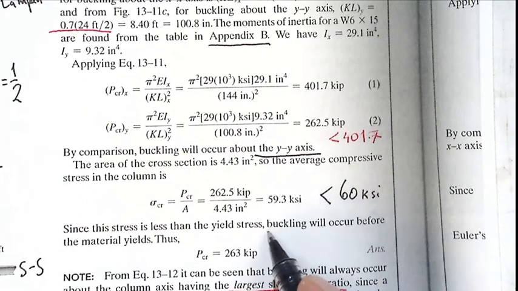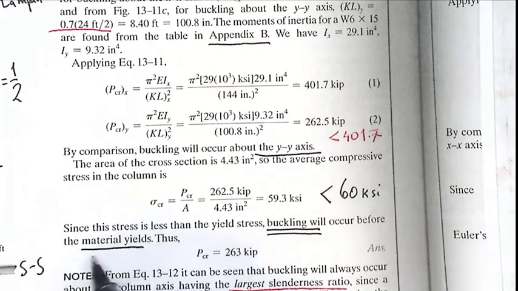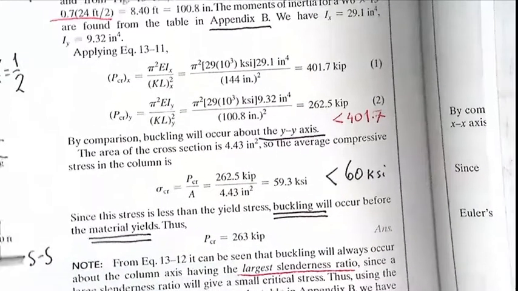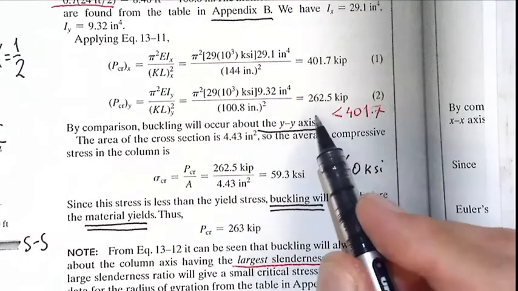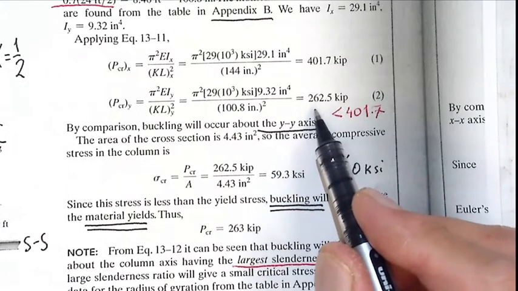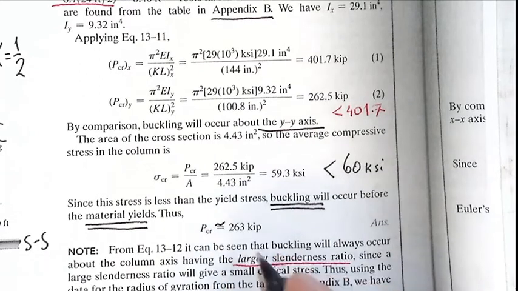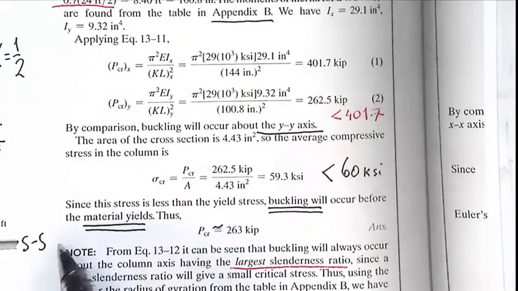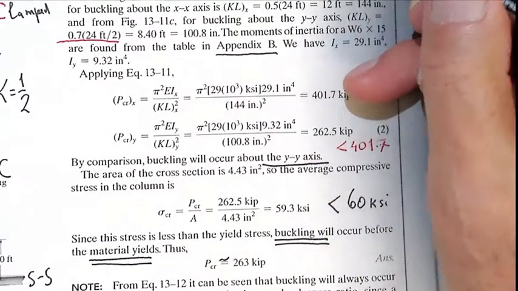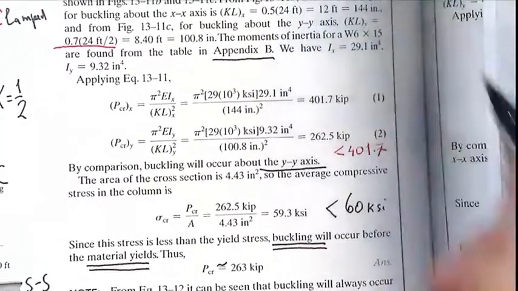So buckling is a more dangerous failure criterion than strength, than yielding. Thus P critical equals the critical value 262.5, approximated as 263 kips. Note, that is what we were asked: determine the load it can support. So the system can support this load.